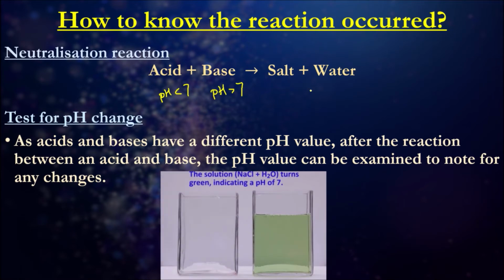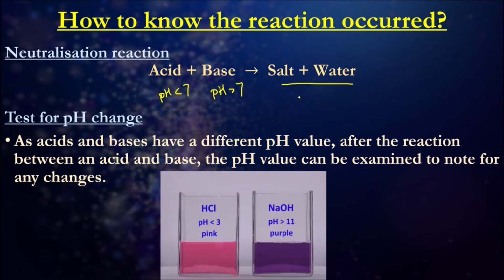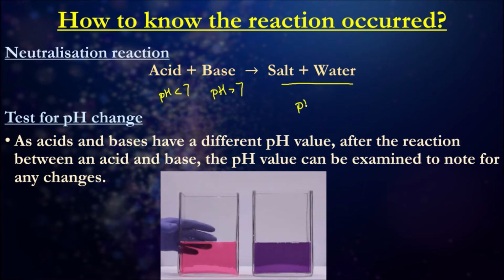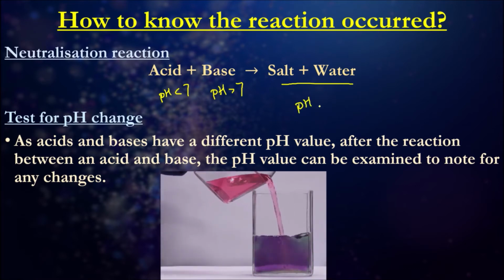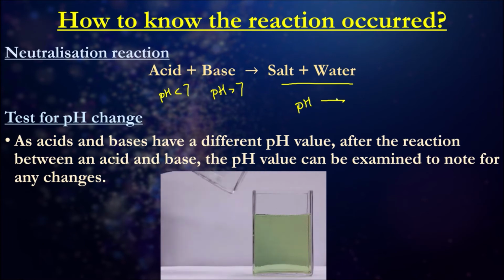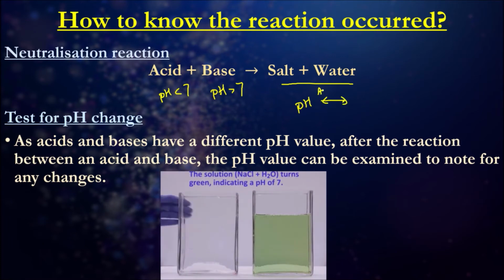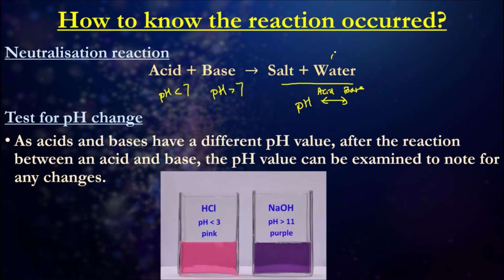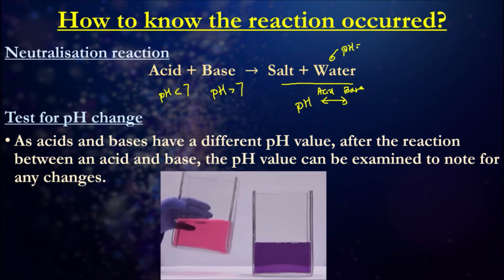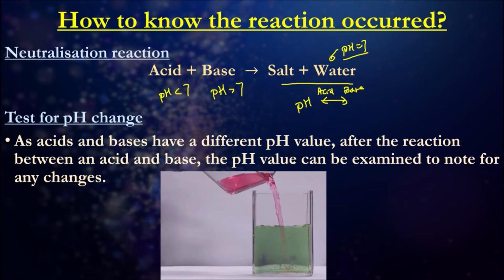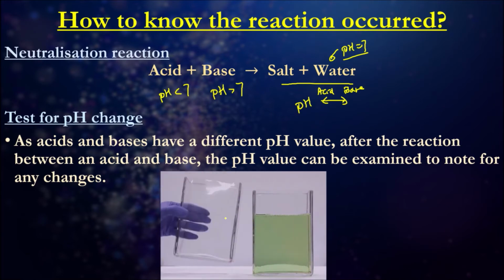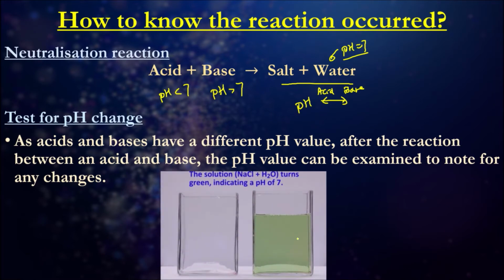When they combine together, the pH of the solution will be somewhere between that of the original acid and the original base. We did say water has a pH of 7, and if we have one strong acid and one strong base, we might get a pH of 7, so it turns green if we use a universal indicator.